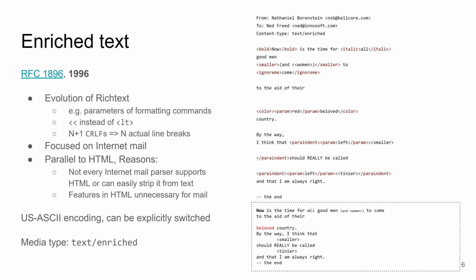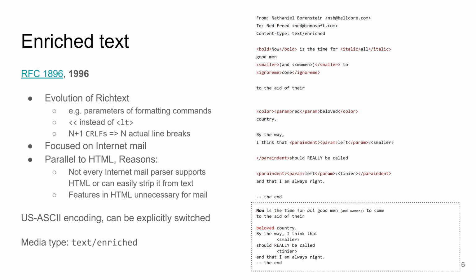Now, when we are going to mention HTML, we'll see that enriched text in 1996 was defined alongside or parallel to HTML. So HTML was already out there. Nevertheless, enriched text was defined in parallel to it. And there are two reasons.